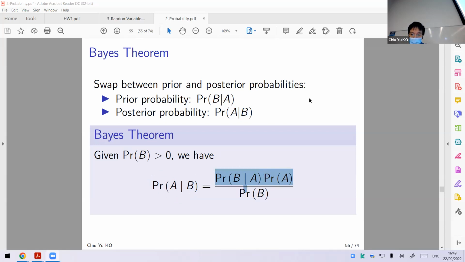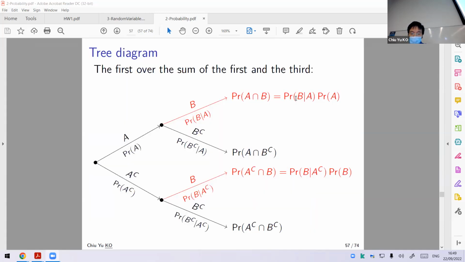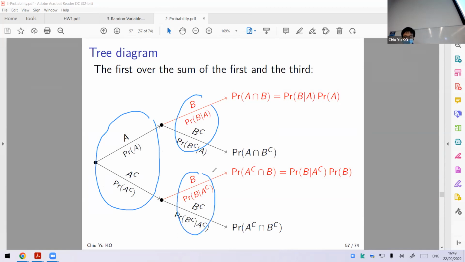Now let us look at it graphically. Suppose you have A and A complement, and after A you can have B and B complement, and likewise after A complement. What we want is the probability of A given B. We observe B, so what is the probability of A?